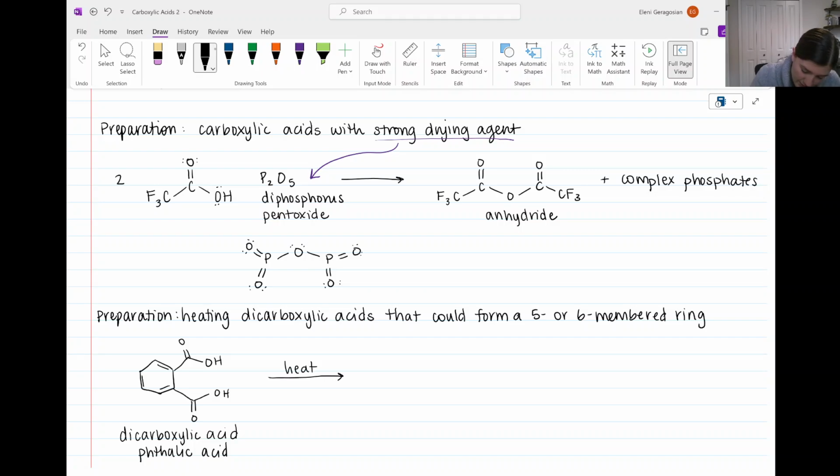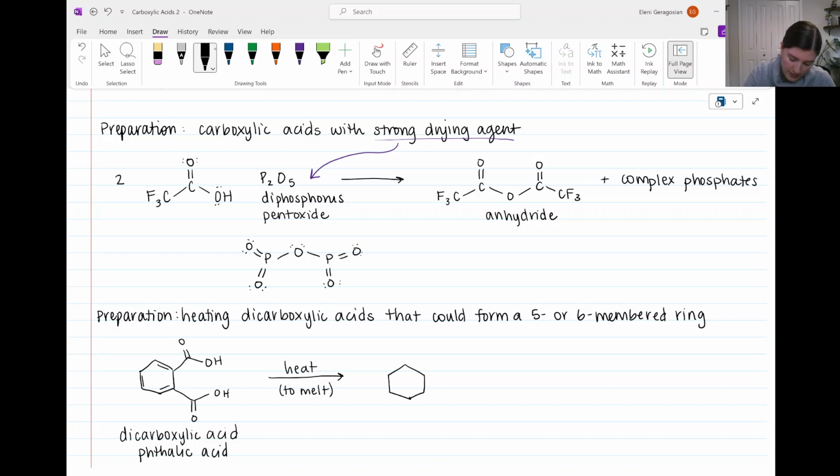So if we heat this molecule we don't need any other reagents, but we allow it to melt, then the two carboxylic acid functional groups will interact with each other and form that anhydride.